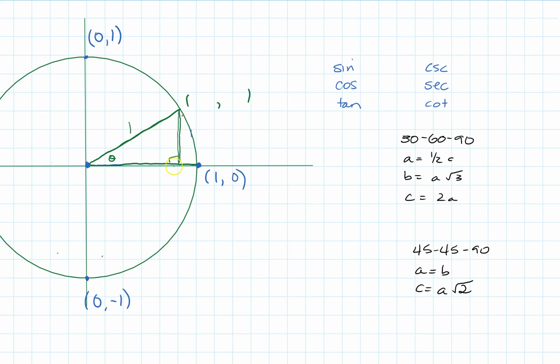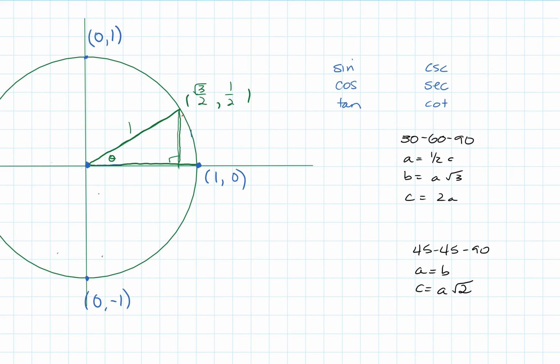And this is 1/2. This has to be 1/2 times the square root of 3, which is square root of 3 over 2. Now think about this. If this side is that long, square root of 3 over 2, that's the x-coordinate. And then it goes up 1/2. So it is root 3 over 2 for the x, because that's how long it is, and how high it is 1/2. Hopefully that makes sense to you.